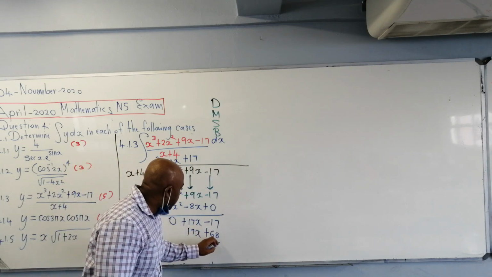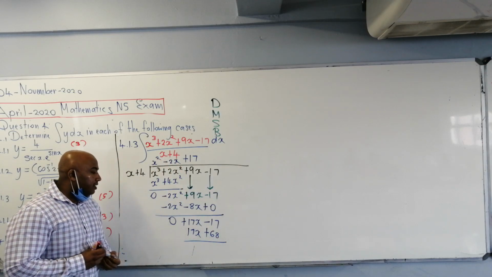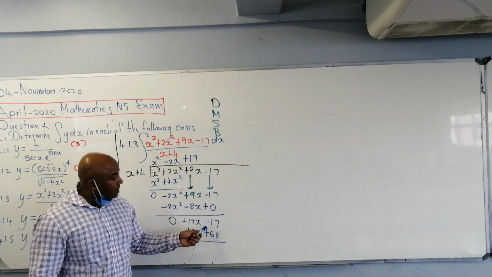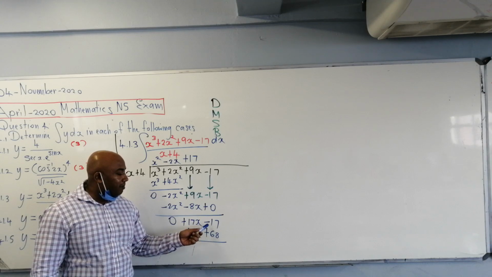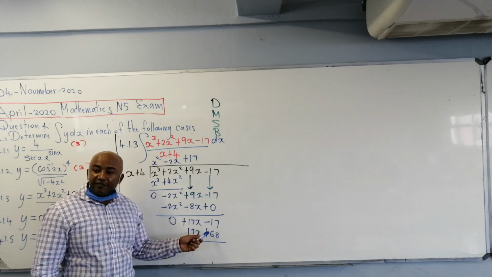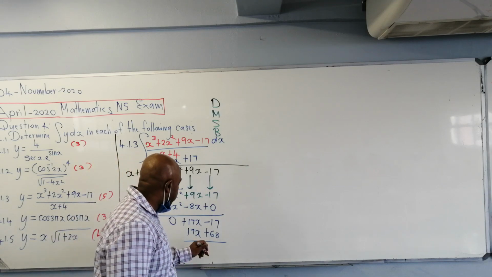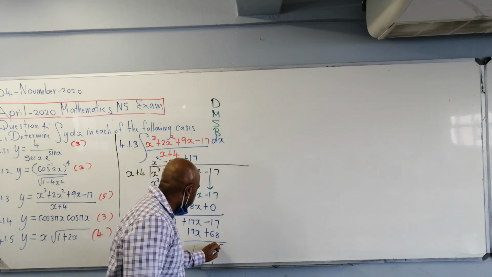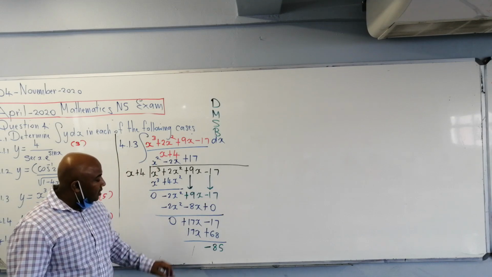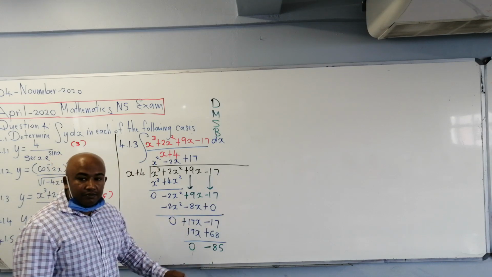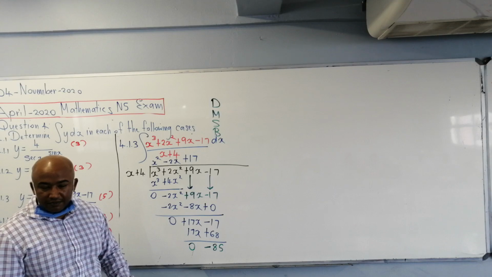Plus 68. Right, so now top minus bottom, so that will be minus 85, correct? Top minus bottom, 0. You got that?